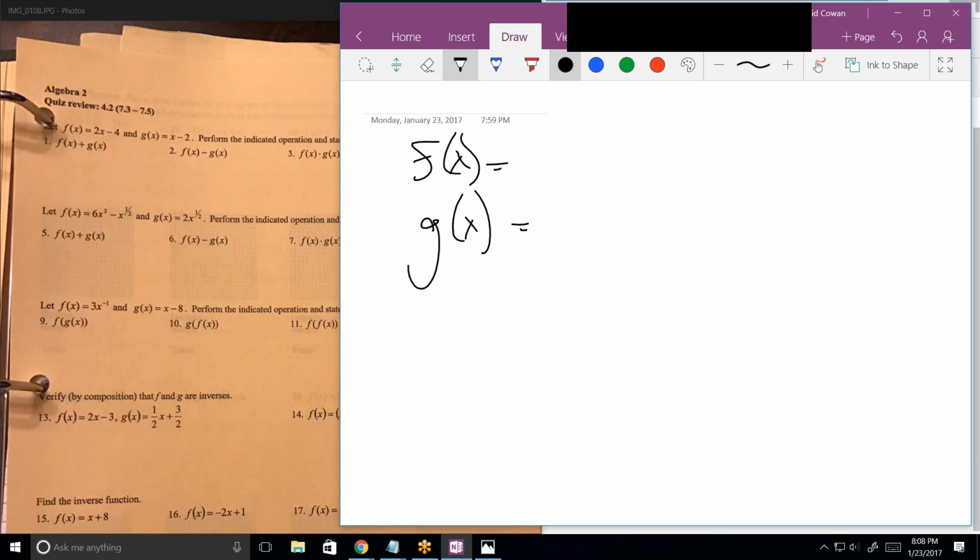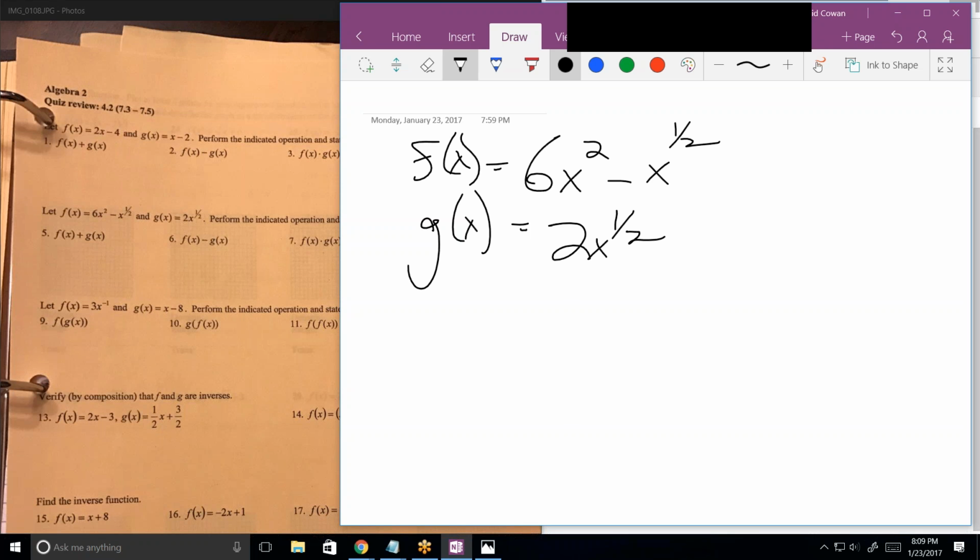F of x is going to be 6x squared minus x to the 1/2. G of x is going to be 2x to the 1/2. What's the sum of them? So we would do 6x squared minus x to the 1/2 power.